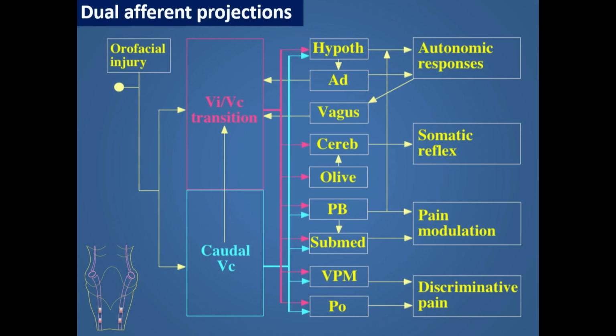So basically there are two main inputs, not only one. The caudal VC is analogous to the spinal dorsal horn, so most input goes here. And the input also goes to another place, the VI-VC transition zone, which produces a lot of other effects. So that's one thing that's different in TMD pain.